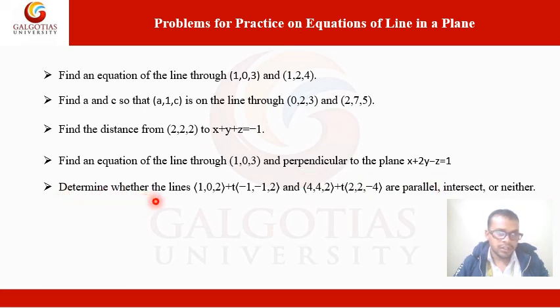Here is another question. Determine whether the lines (1, 0, 2) + t(-1, -1, 2) and (4, 4, 2) + t(2, 2, -4) are parallel, intersect or neither.